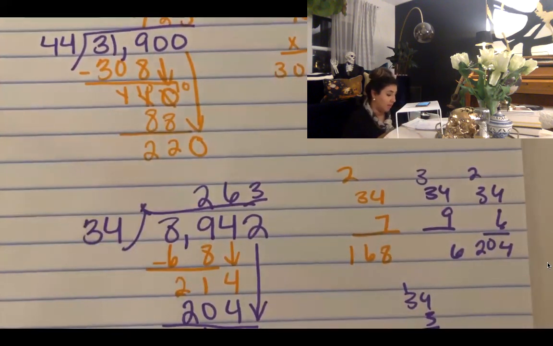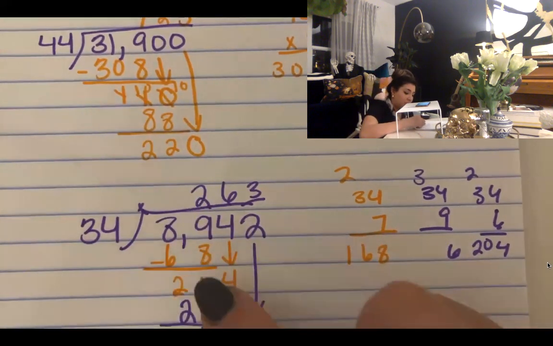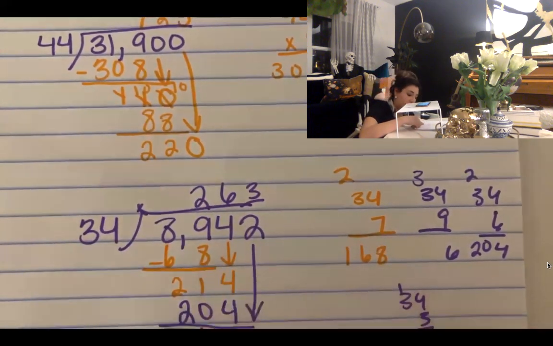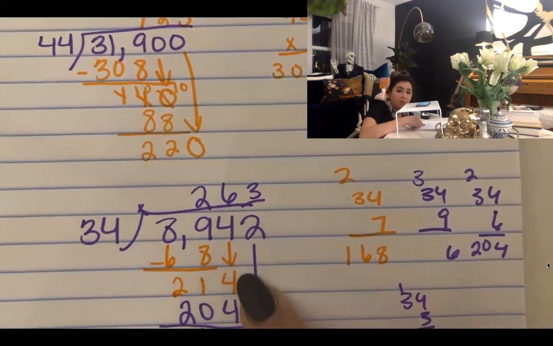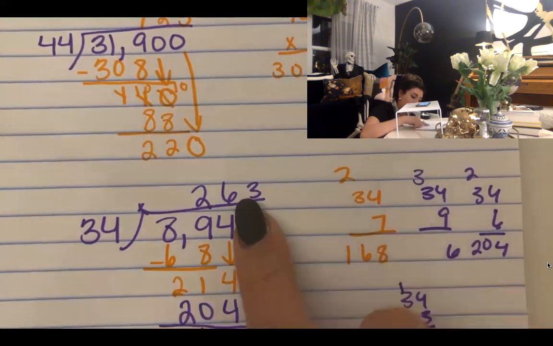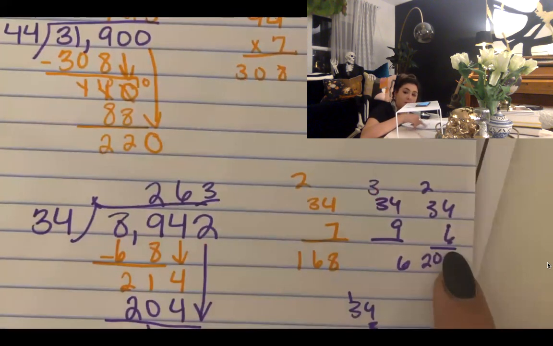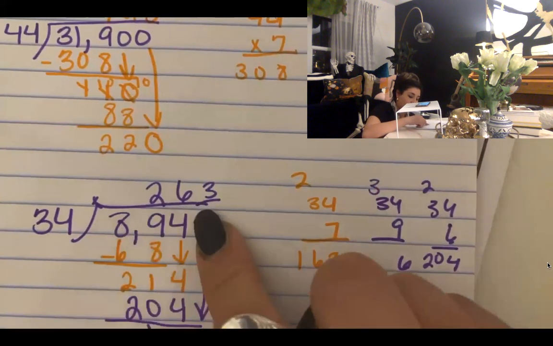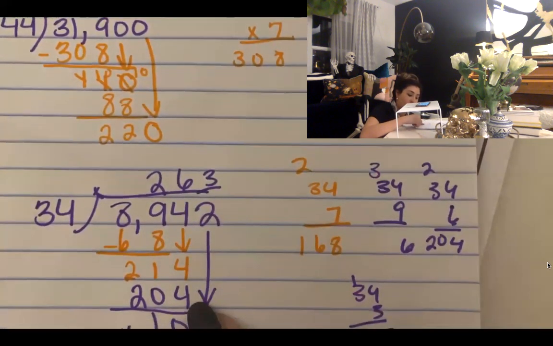34 goes into 89 2 times. 2 times 34 gives me 68. My difference was 21. I brought down my 4. 34 goes into 214 6 times. Here's me trying to figure that out. 6 times 34 gives me 204.